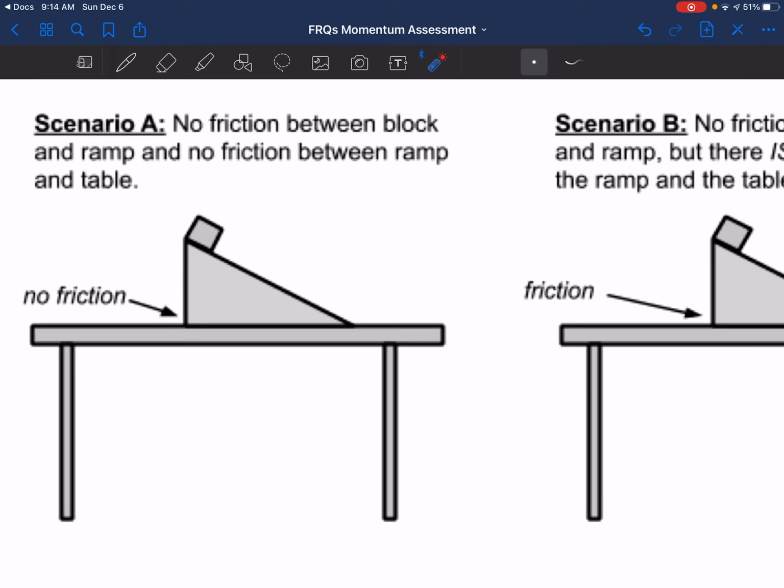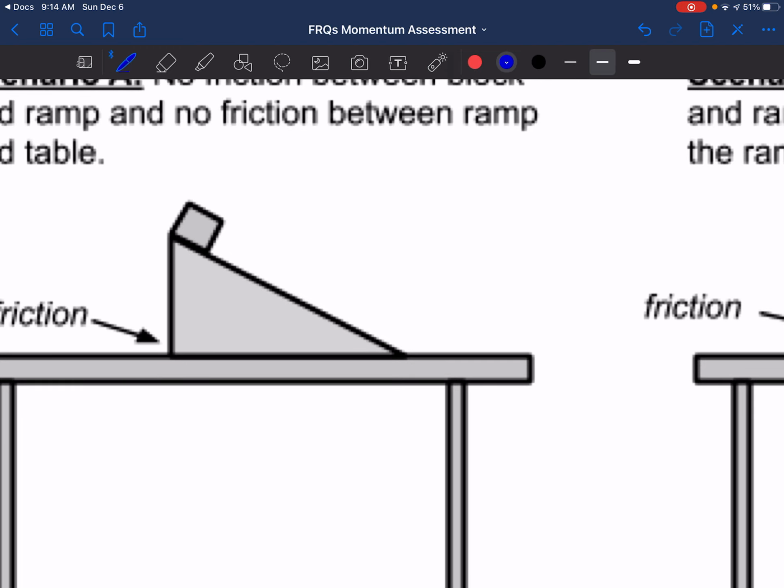All right, so just to think about why that happens, if we zoom in a little bit, remember this block has a normal force this way from the ramp, and it has a gravitational force this way. And if we think about the ramp itself, it is going to feel a reaction force from this normal force.